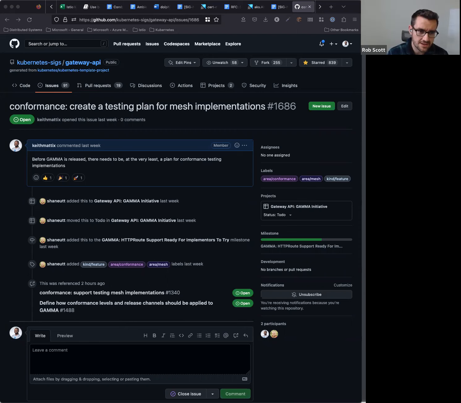Yeah, just so this testing plan for mesh implementations. I know when we did our first conformance test plan for Gateway API as a whole, it was a GAP. Is that what we're talking about here as well, or would it be some other format, some other level of detail? Has anyone thought about what this looks like? When we first discussed this, I had recently seen the SIG Multicluster testing plan that they're working on for MCS API for their conformance tests.